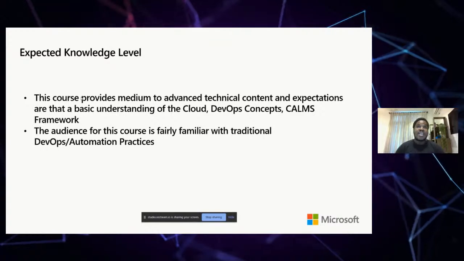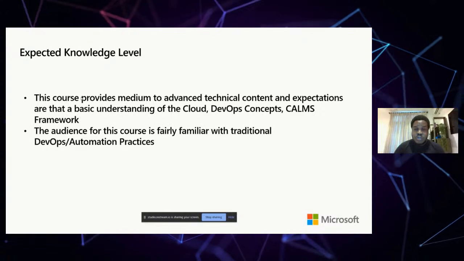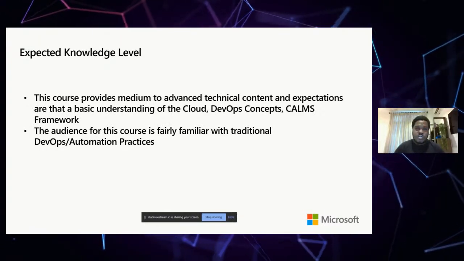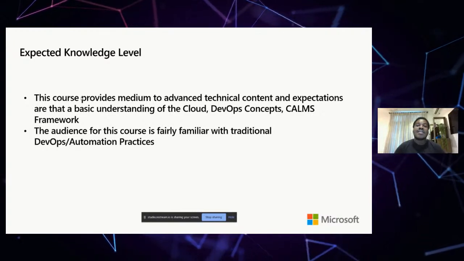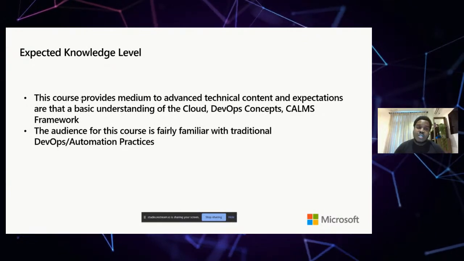But that is not to say that if you don't have any idea what I'm saying, you can't pick up one or two things from this presentation. I would still try to keep things as simple as possible while also ensuring that I highlight certain technical details with regards to the presentation itself, right?